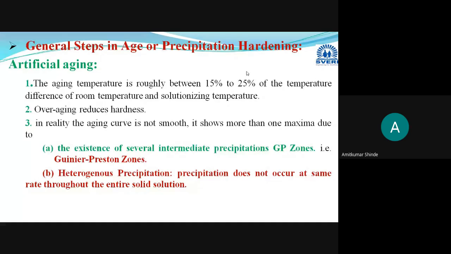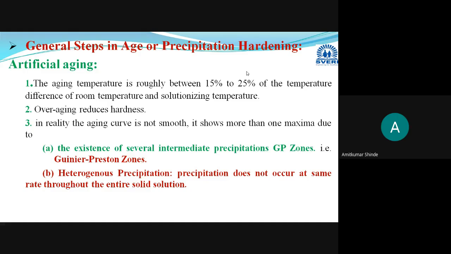Whichever difference value comes, you have to take 15 to 25% of it. You can take 20% or 25% of that value, and that temperature you select for the heating in the first step. In this way, the heating temperature is selected, and after that you follow the quenching and give some time for the aging. Those are the steps.